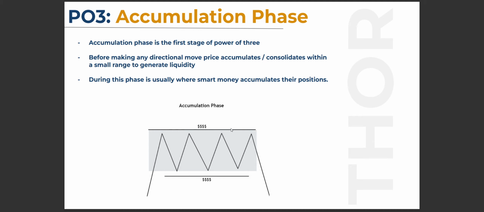So before making a directional move, price accumulates and consolidates within a small range to generate liquidity. And during this phase, it's usually where the smart money accumulates their positions, right? They will be entering their positions, whether it's a long position or a short position. They'll be accumulating, constantly entering positions.